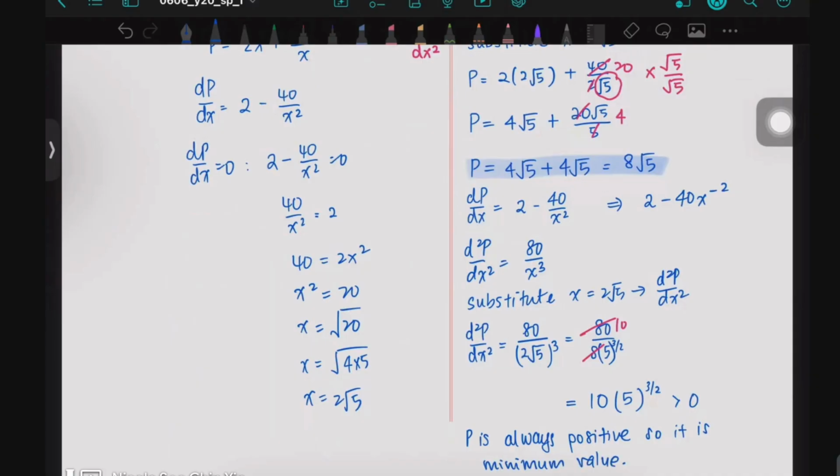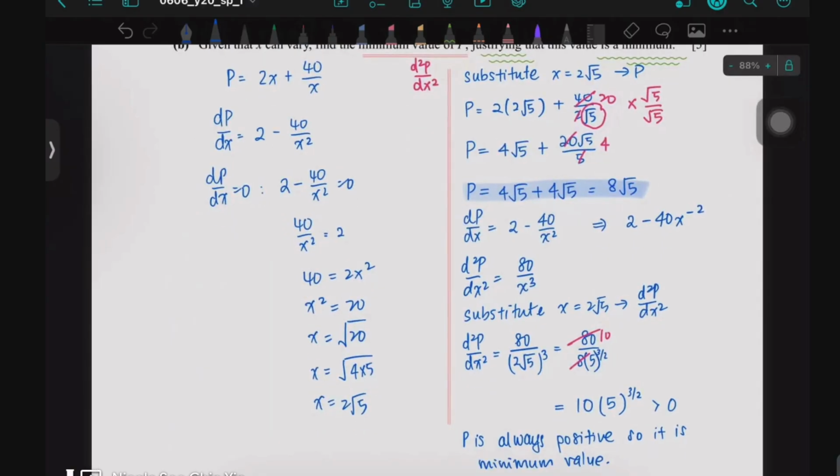Okay, write in full form. Please do not use shortcuts. This is the second part answer. This is the first part answer.